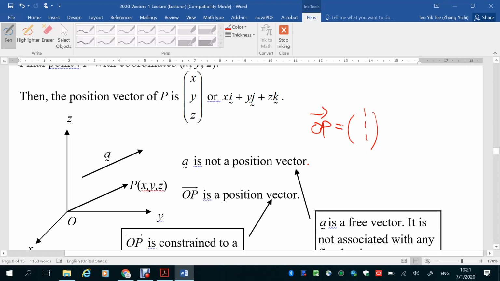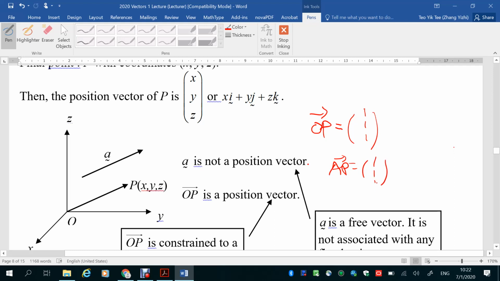However, if I tell you OP is equal to 1, 1, 1, what does it mean? Do I still mean a point? Or I tell you AP is equal to 1, 1, 1.